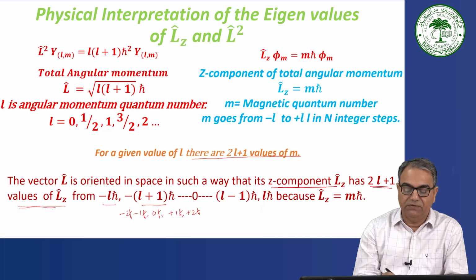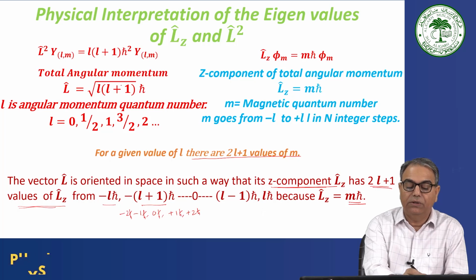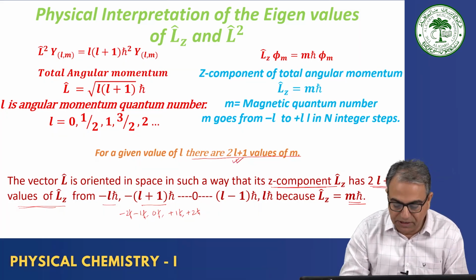So this many values of Lz you will get for a particular L. Because Lz is equal to m h cross and L is equal to root of L into L plus 1 times h cross, and the value of m is restricted to 2L plus 1 values.